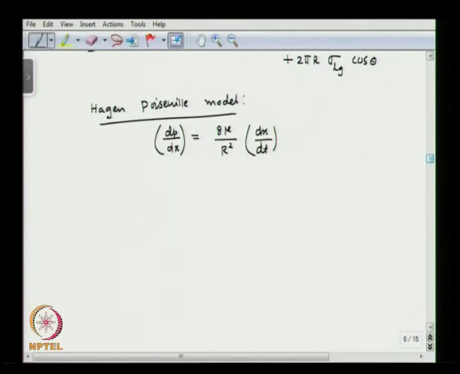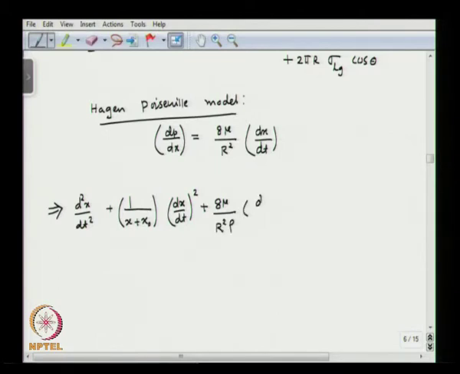So, we get this equation, we get d square x over dt square plus 1 over x plus x 0 into dx over dt whole square plus 8 mu divided by r square rho into dx over dt.